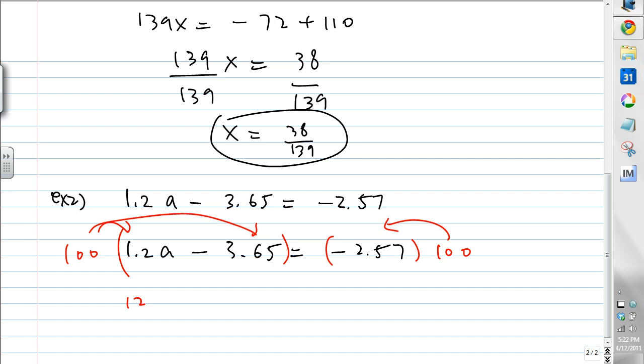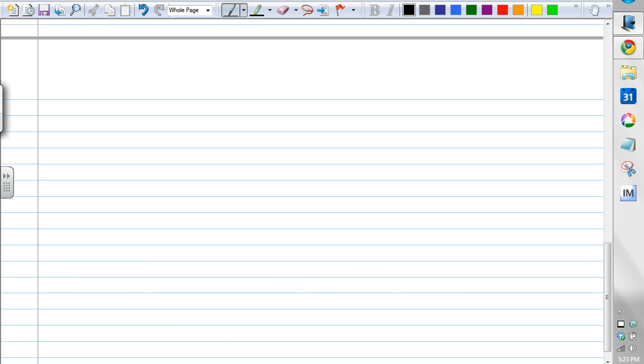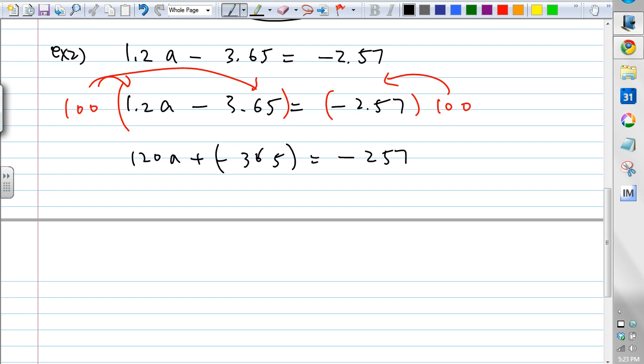So I get 120a. Oh, let's change into addition, plus negative 365 equals negative 257. Okay. So what you do then, since we're adding negative 365, is subtract negative 365 from both sides.